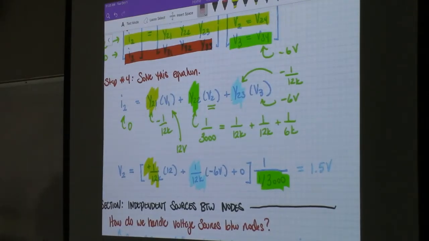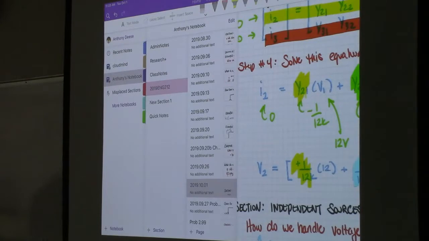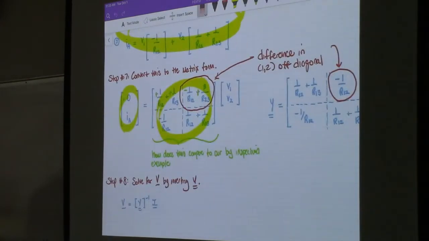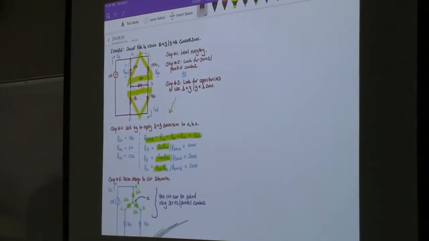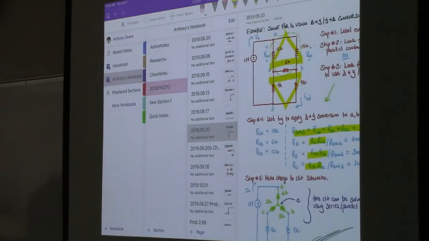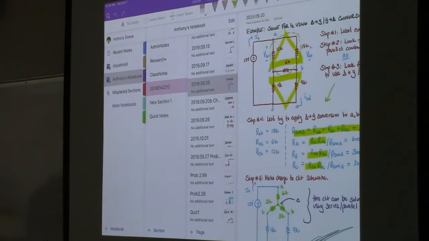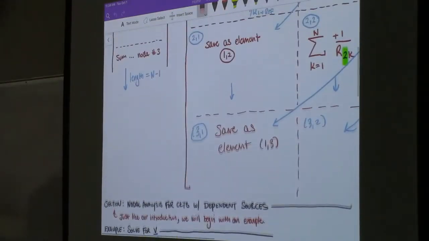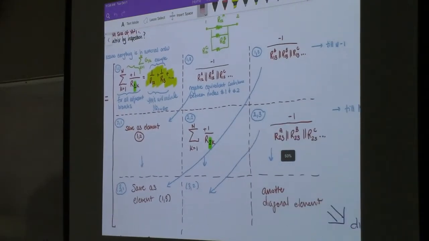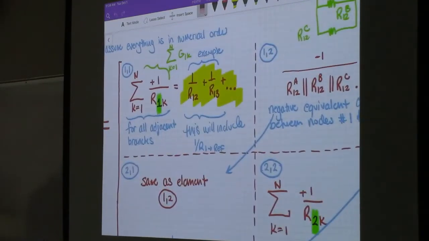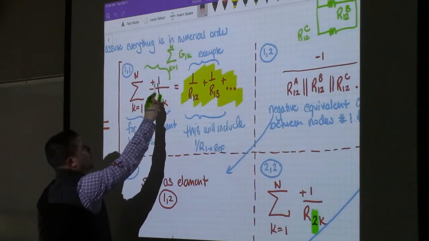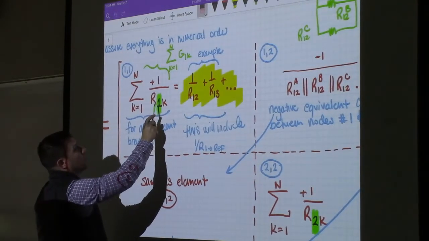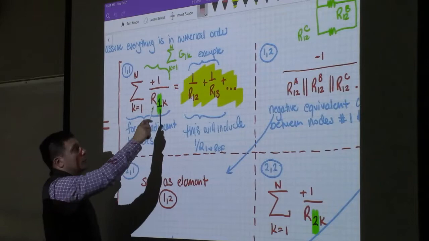If you go back to the notes, remember that for diagonal elements, it's the sum from k equals 1 to n of 1 over R2k.